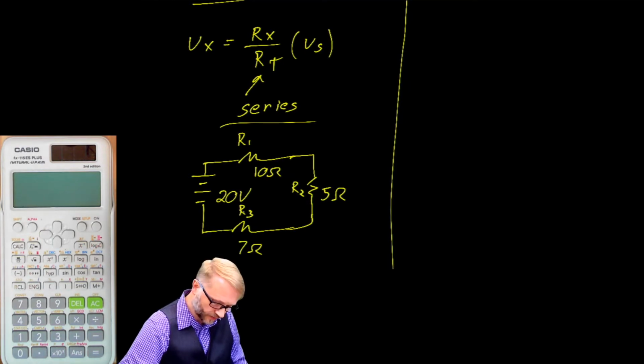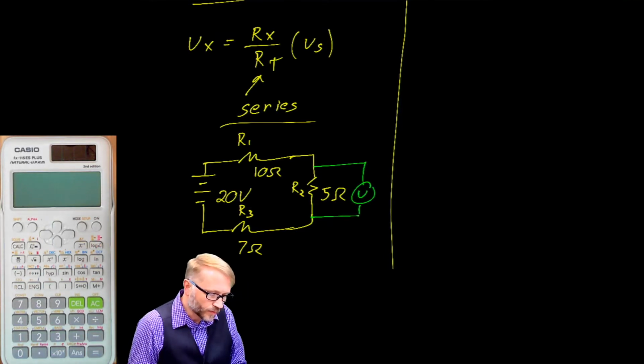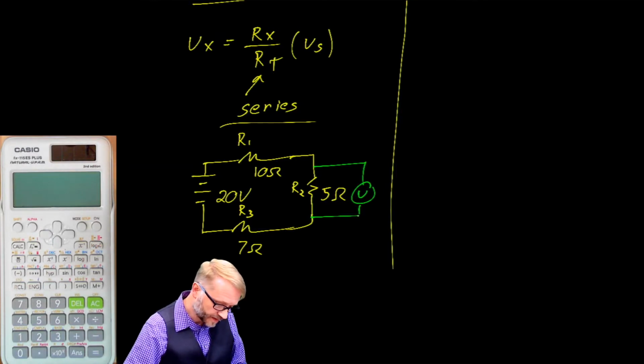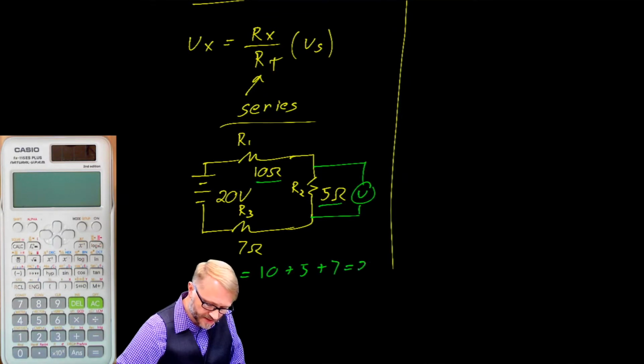So what we're looking for is this voltage right here. We can use the voltage divider. Here's how it works. The total series resistance in this case is 10 plus 5 plus 7, which gives us 22 ohms.